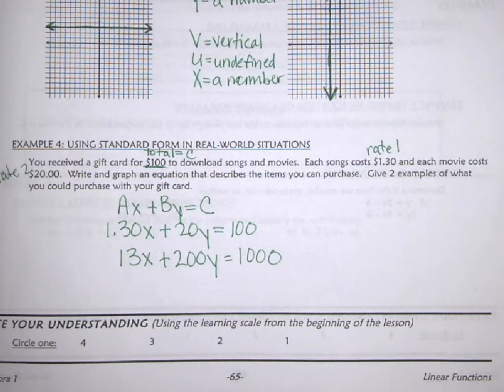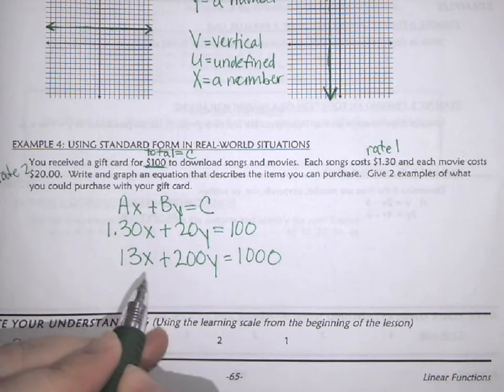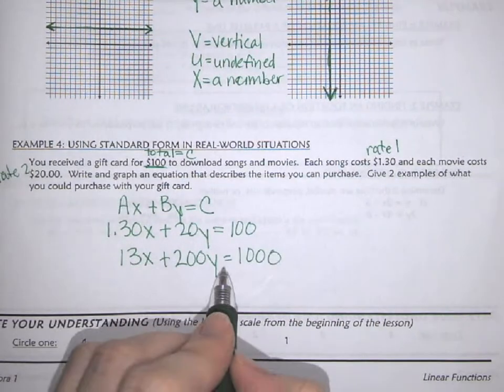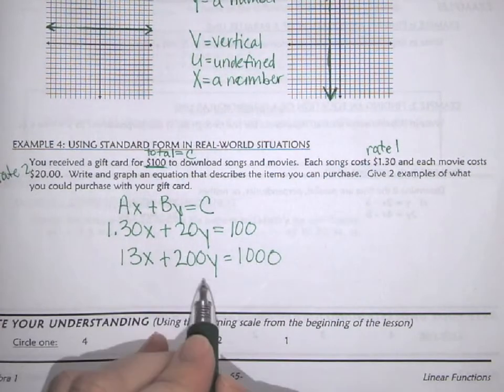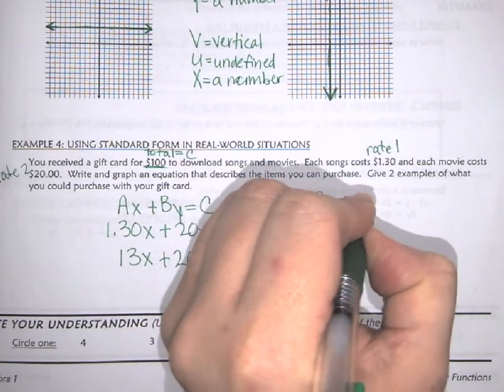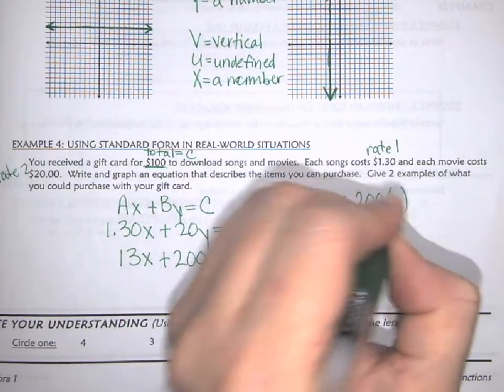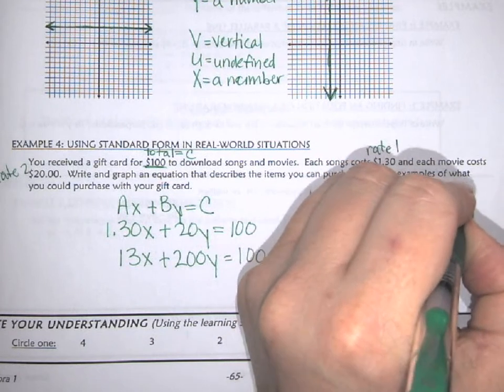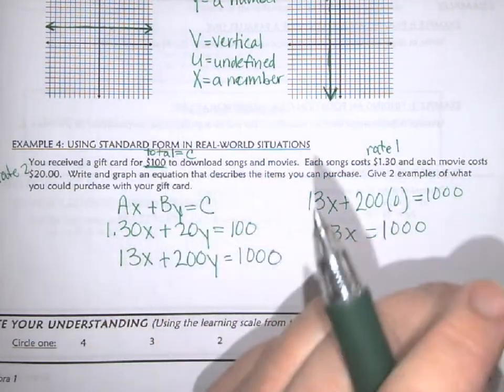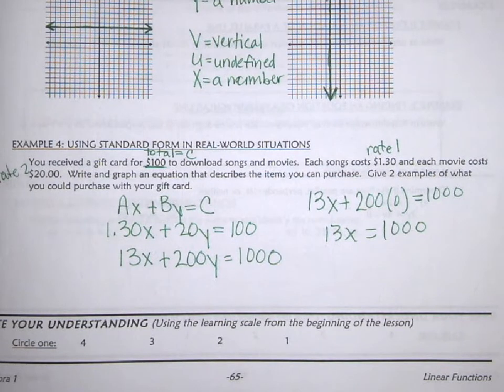So what I can do to find two examples is I can use zeros, or I can use integers. So here, if I know Y is 0, so if I don't purchase any movies, so 13X plus 200 times 0, 13X, this one's not going to be an integer.